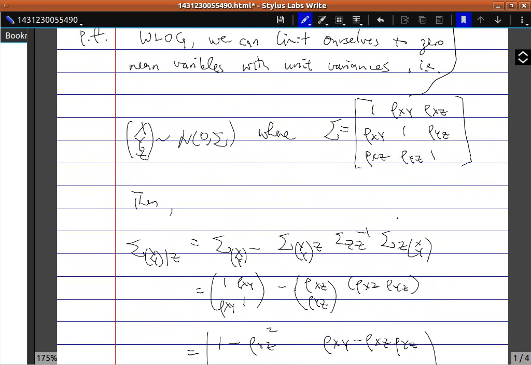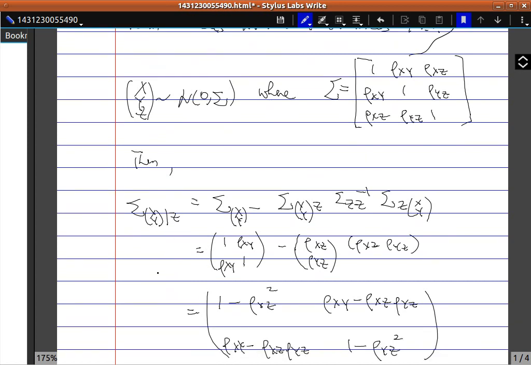Now, with the covariance matrix in place, we can use this formula to find the conditional distribution of x and y given z. This is a very useful formula. I think I talked about this in another video.